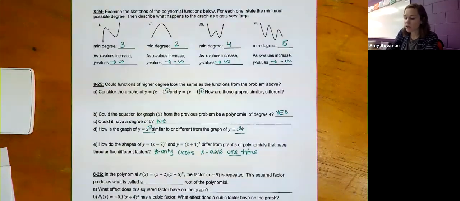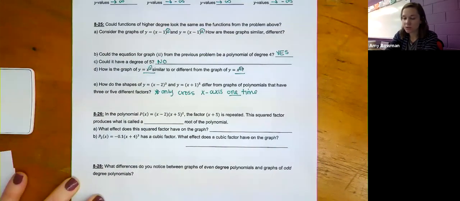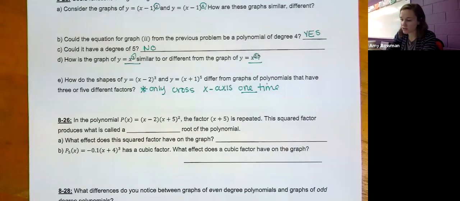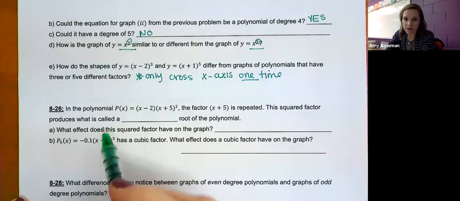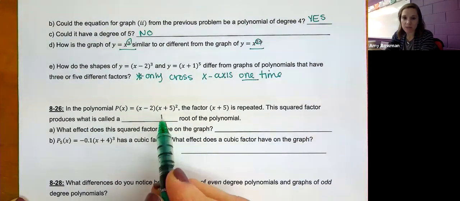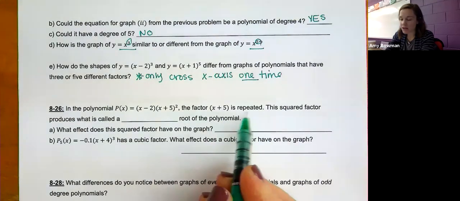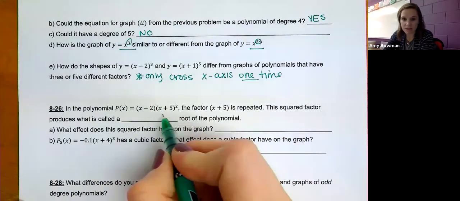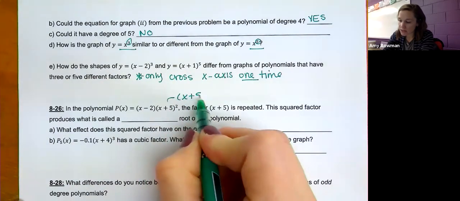We're going to talk about what happens when some of the factors of a polynomial have exponents, like in this example, x minus 2 times x plus 5 squared. The factor x plus 5 is repeated, because if I rewrote this, I could think of it as x plus 5 times x plus 5.